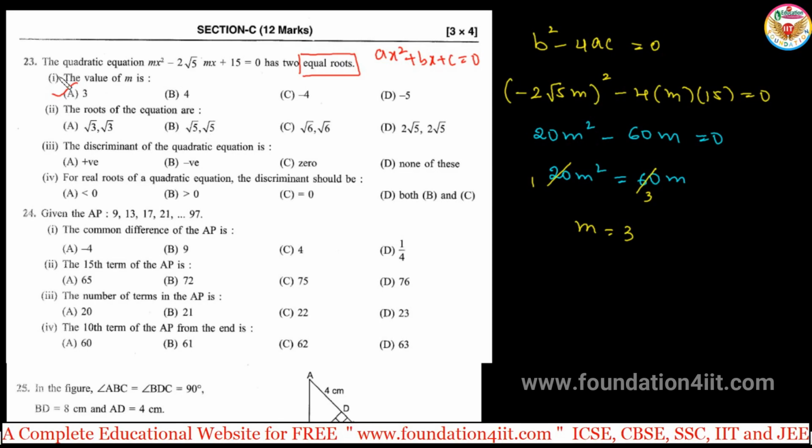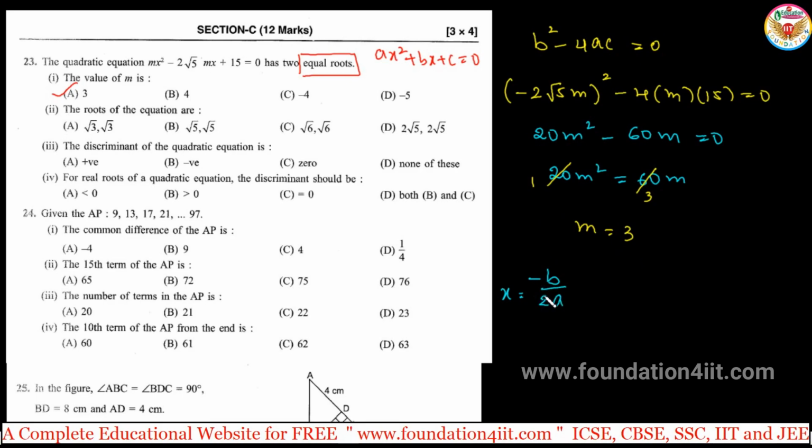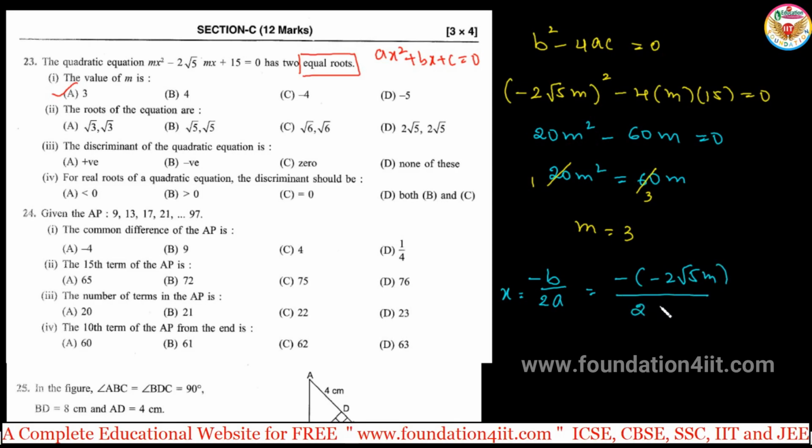And the roots of the equation: if it has equal roots, then d is equal to 0. If the discriminant is 0, then according to the rule, minus b by 2a gives the equal roots. That is, x is equal to minus b by 2a, because as per the formula it is minus b plus or minus under root b square minus 4ac, right? So if it is equal roots, directly the root is equal to minus b by 2a, both are equal. Minus b, and the b value is minus 2 root 5 m, divided by 2 into a, which is m.